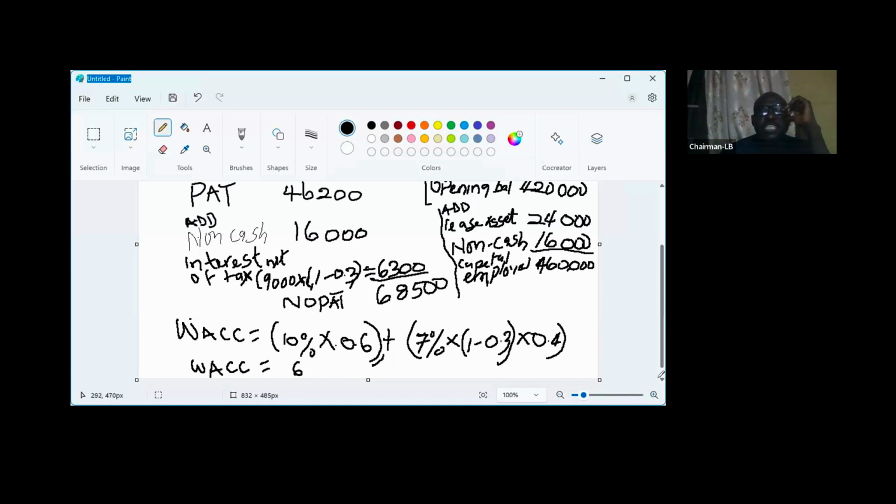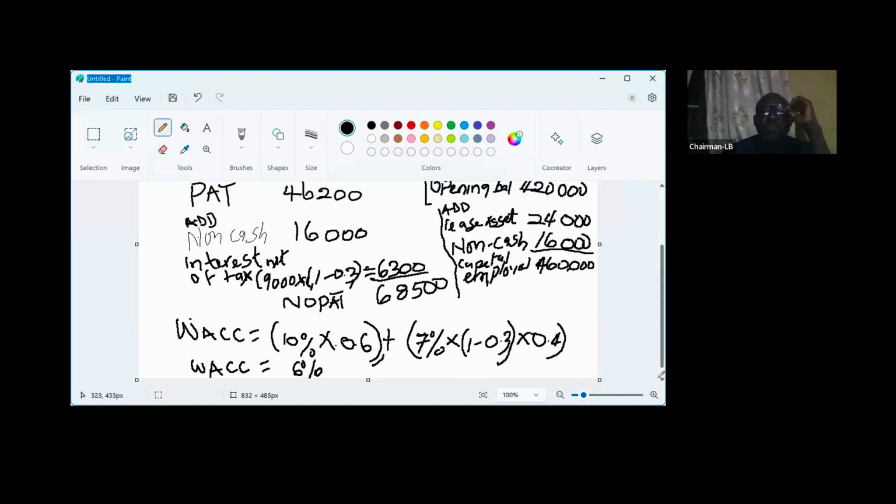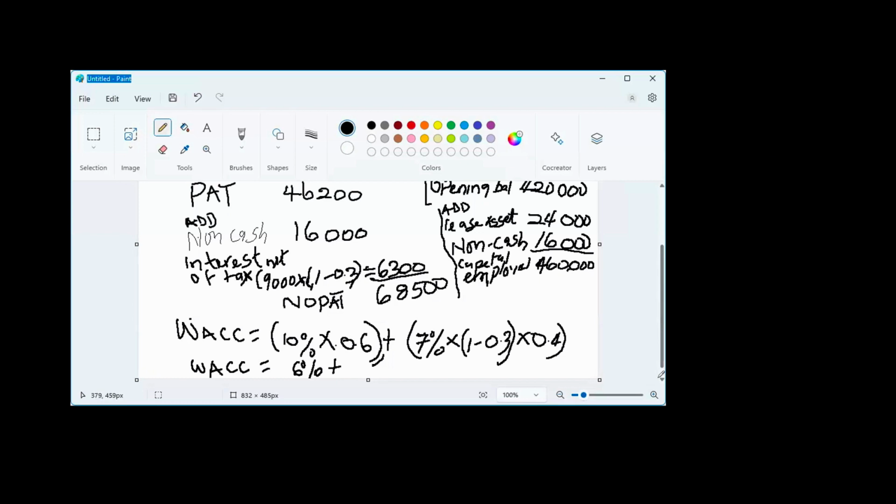That will give us 6%. No, 0.6 multiplied by 10%. What do we have?